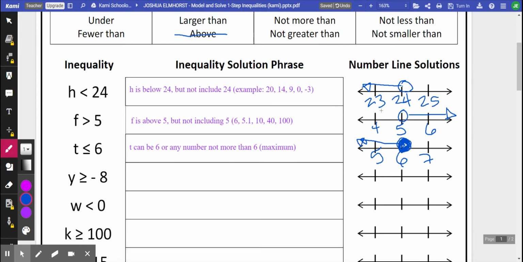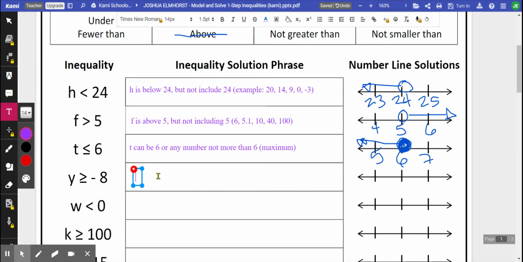Let's see. Looking at y is greater than or equal to -8. So let's put a phrase in there. Y is greater. Y can be, I'm going to put parentheses, -8. It can be -8 because it's equal.